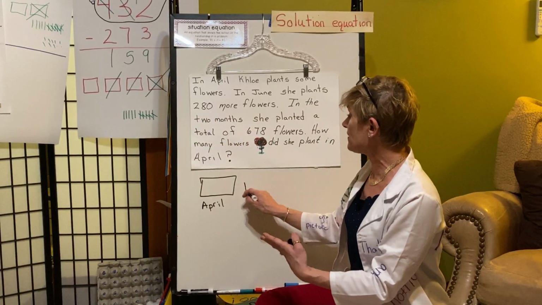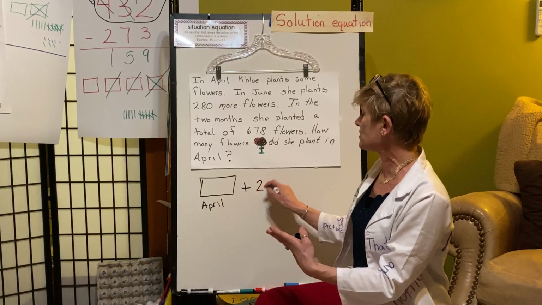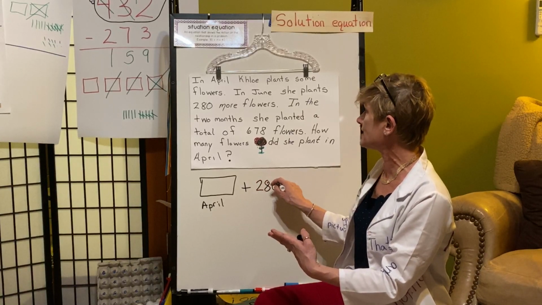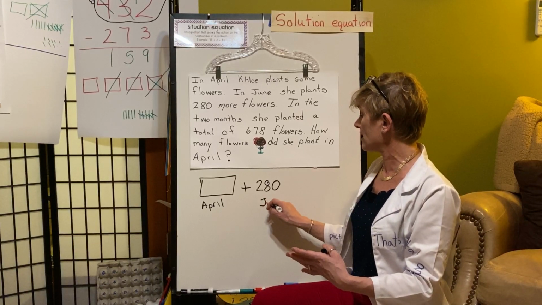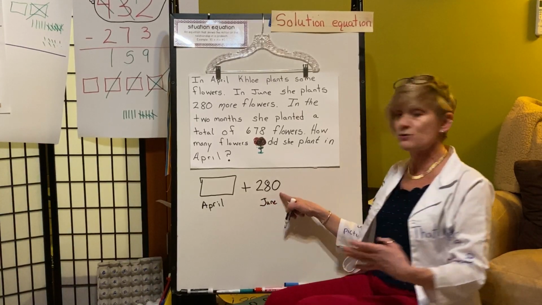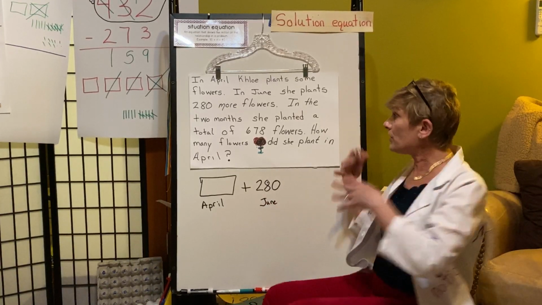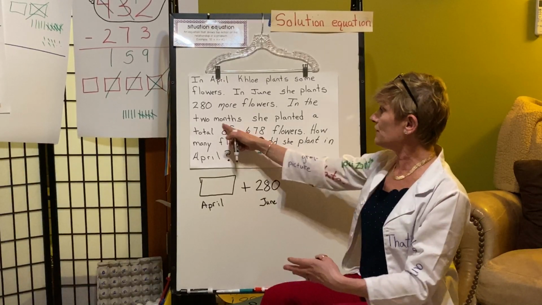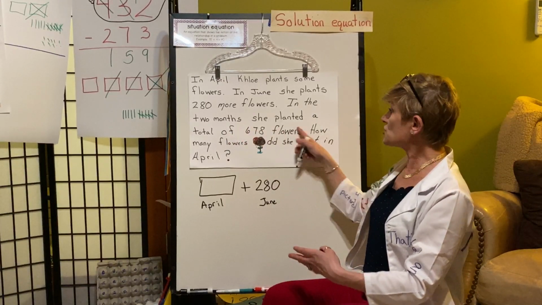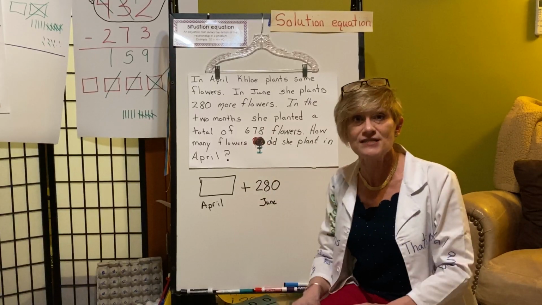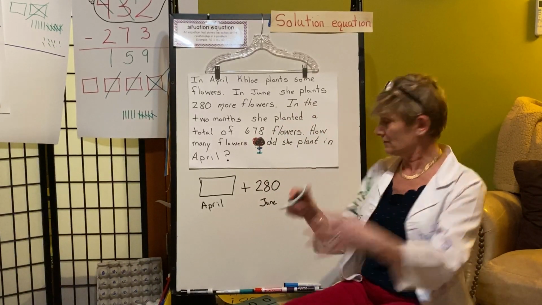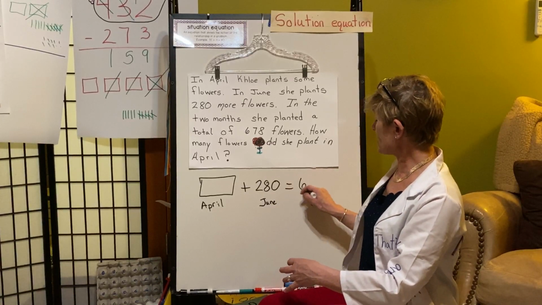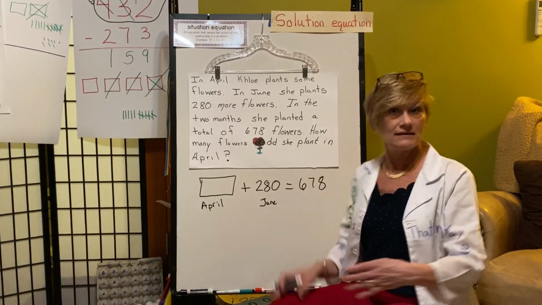And then in June, she plants 280 more flowers. So that's definitely an adding. So 280 is what she planted in June. I'm going to put June right underneath there so I don't forget. Those are my June flowers. When she's all done in the 2 months, she's planted 678 flowers. So her total was 678.